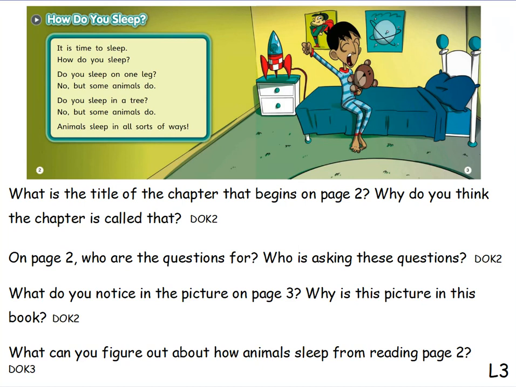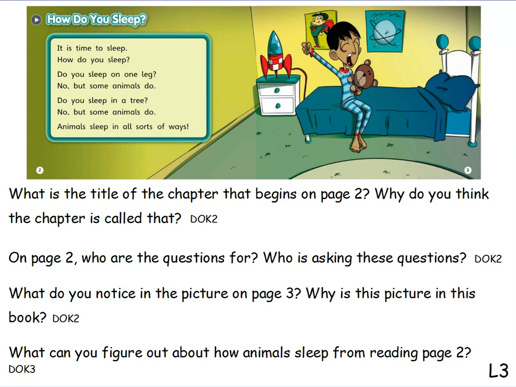A chapter title or a heading of a section gives the readers clues or tells them what the chapter or the section will be about. It normally comes at the top of the page or of the section, and the text may be larger or look different than the rest of the text on the page.